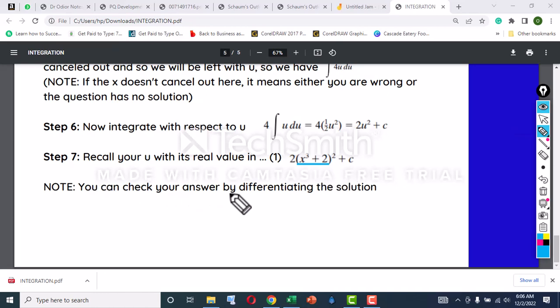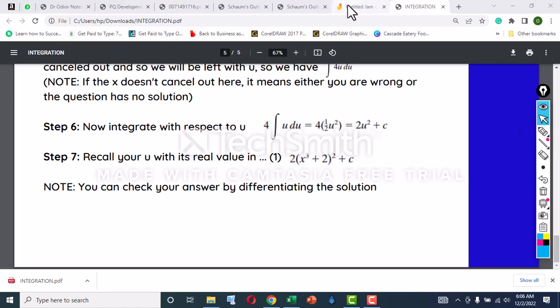So you can check your answer by differentiating the solution. You can differentiate this so that you get back to your question. So that is integration by substitution. I hope you get this.